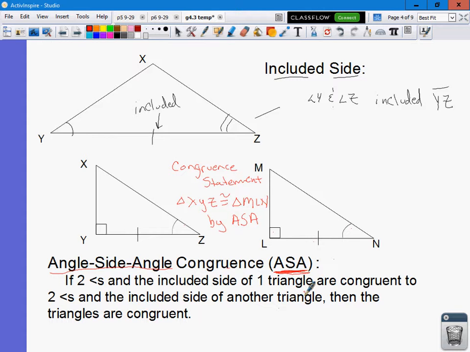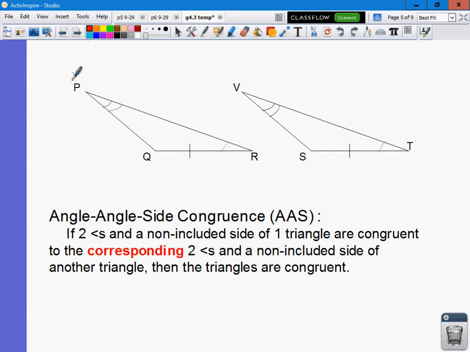Questions? Angle, angle, side then. Angle, angle, side says the side is not going to be included. Notice that it comes after the two angles.